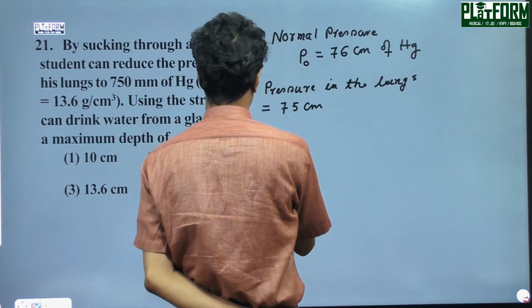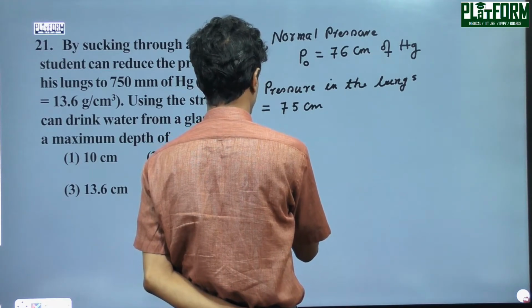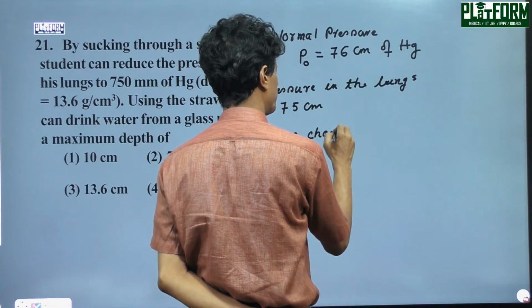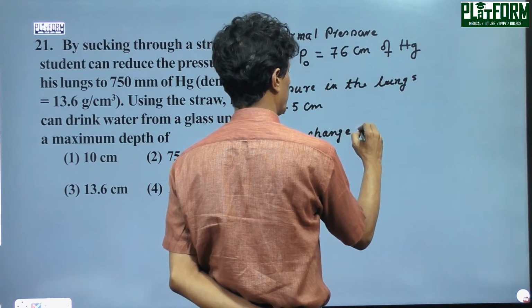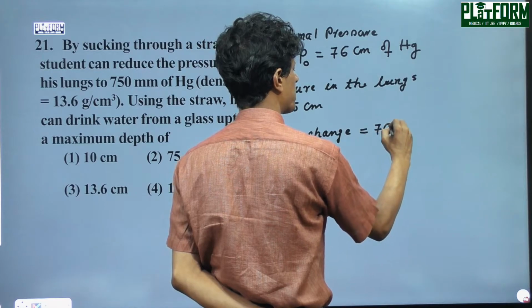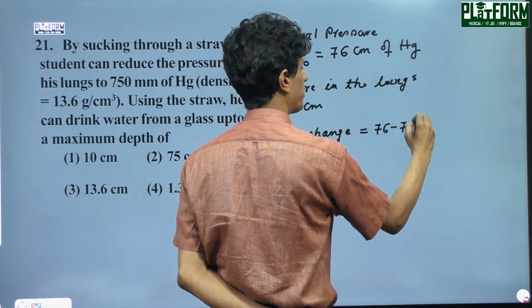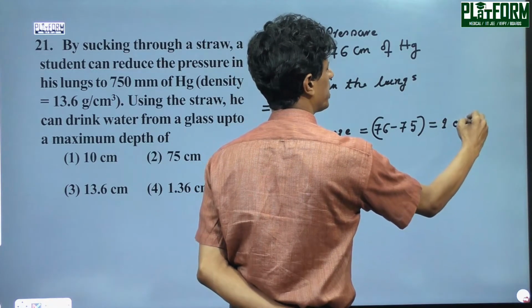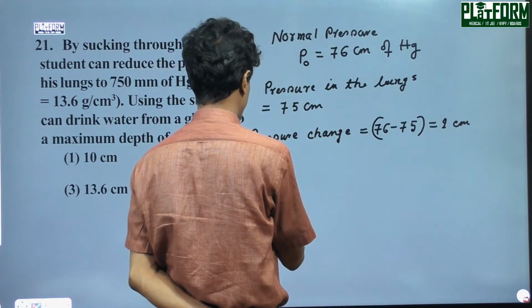So the pressure change is equal to 76 minus 75, that is 1 centimeter of Hg.